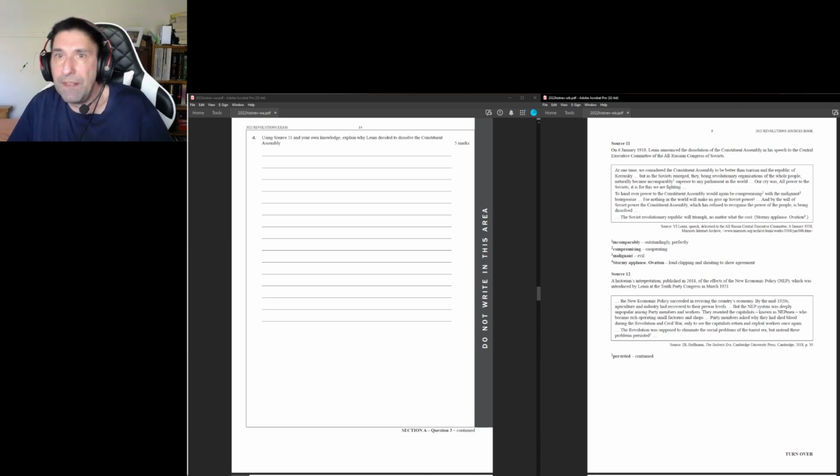On the 6th of January 1918, Lenin announced the dissolution of the Constituent Assembly in his speech to the Central Executive Committee of the All-Russian Congress of Soviets. So this is a primary source. It is a speech from Lenin. You even have the date here. So lots of information to work with here.